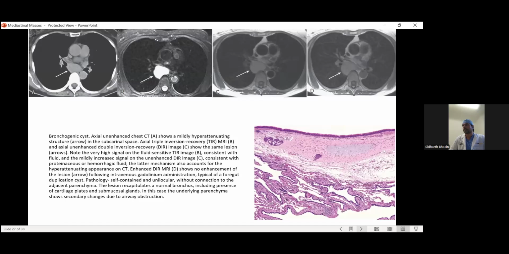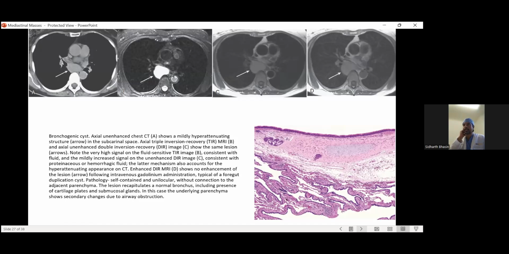This is just a pathological picture of the bronchogenic cyst. You can see on the CAT scan that a part shows a very mildly hyperattenuating structure in the subcarinal space. And then you compare it with the MRI, where you see the unenhanced double inversion recovery image. On image C, you see the same lesion on the DIR image.